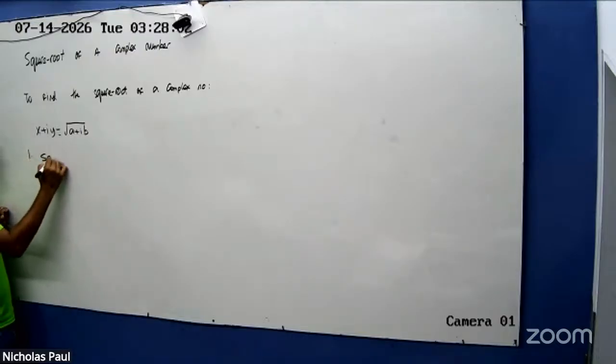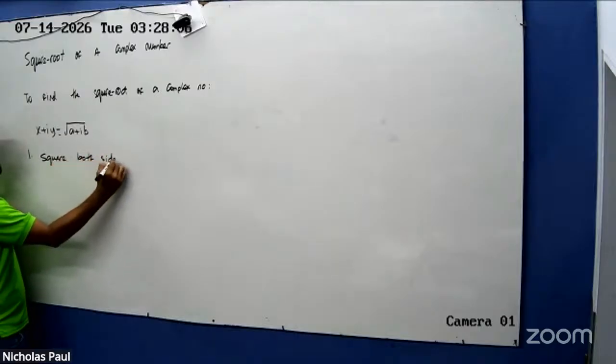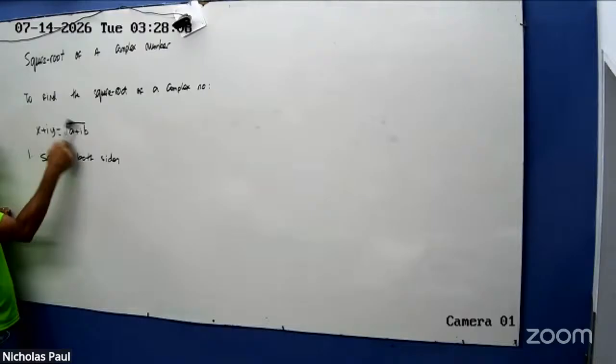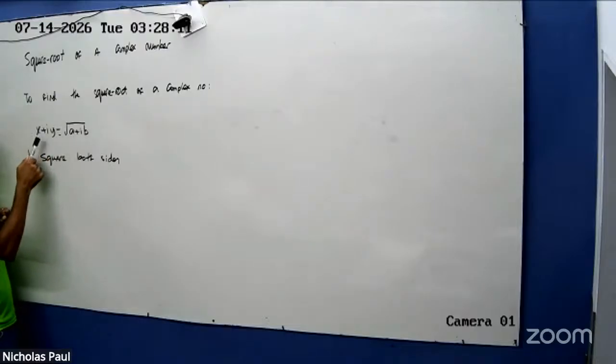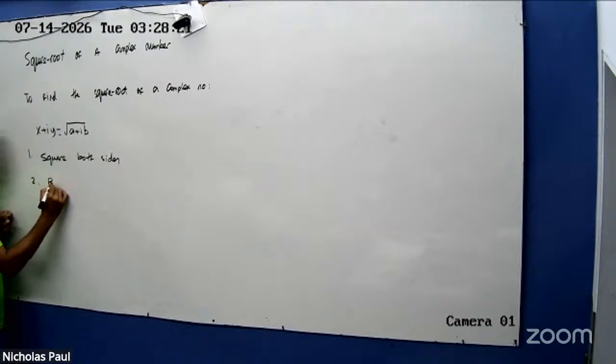So the first thing you do is you square both sides. When you square both sides, there's no square root here and you just expand this out. What's the next thing? You said bring like terms together.